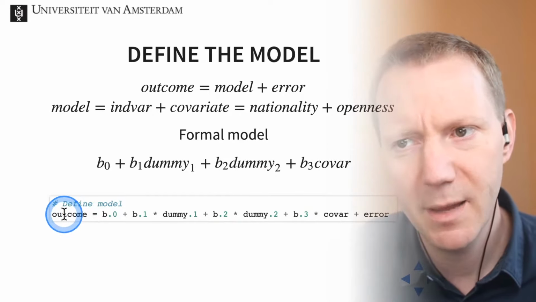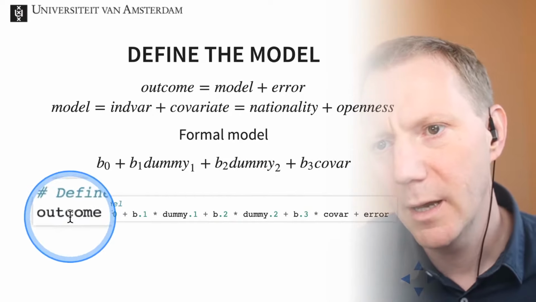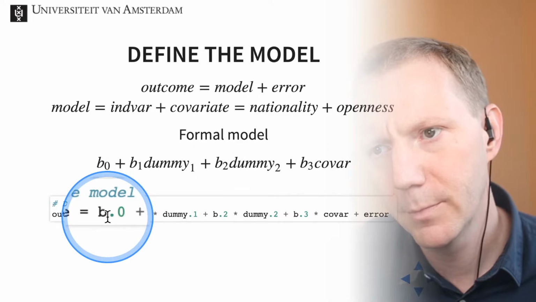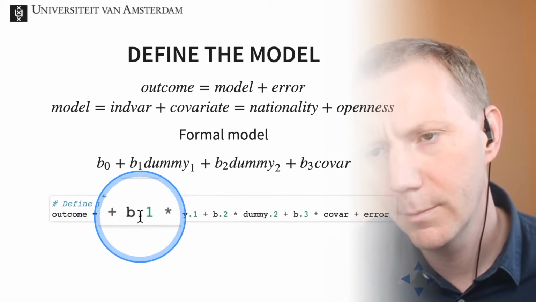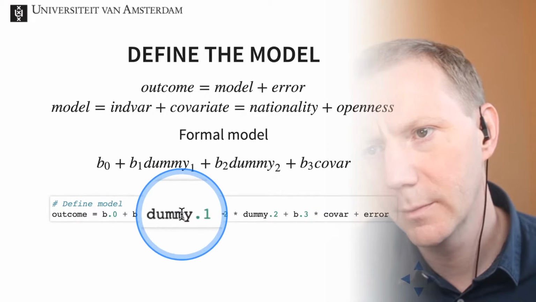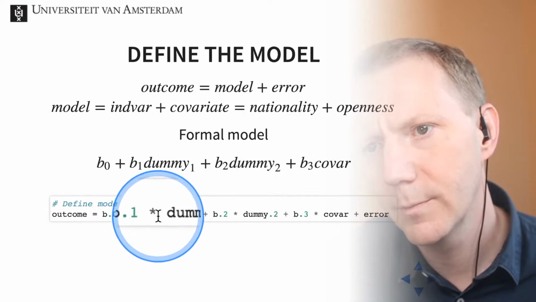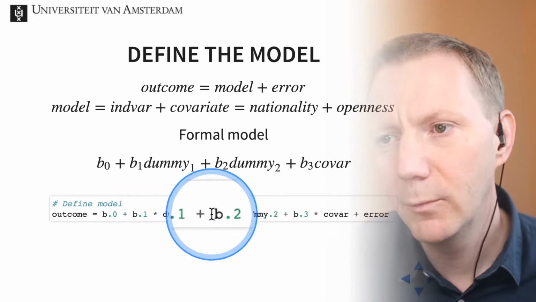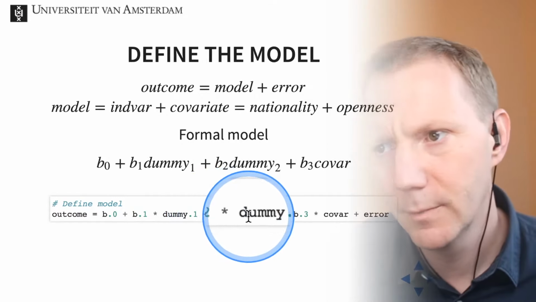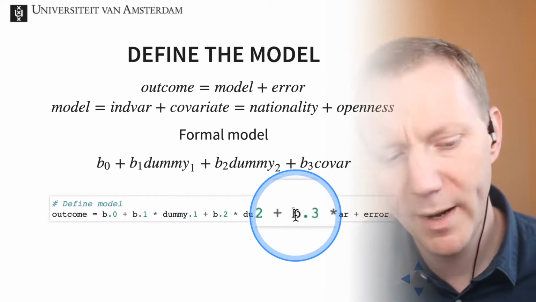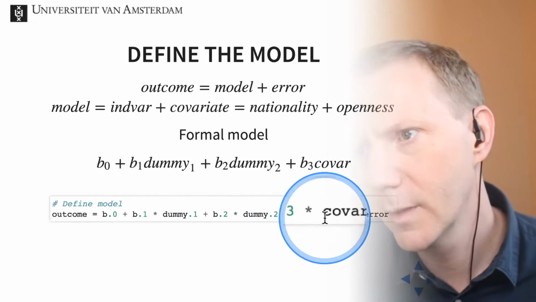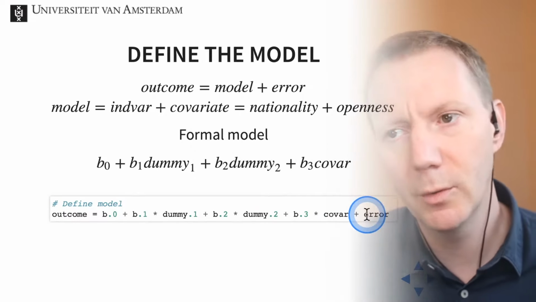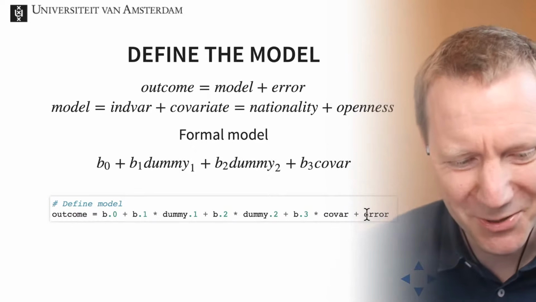So what I'm stating here is that my outcome variable is the result of my beta coefficient 0 plus b1 times my dummy variable. We'll go into the example in a second. And we have to add the beta coefficient 2 times the dummy variable plus the weight of the covariate. And finally, we add some error to the complete model to add some randomness to this whole thing.